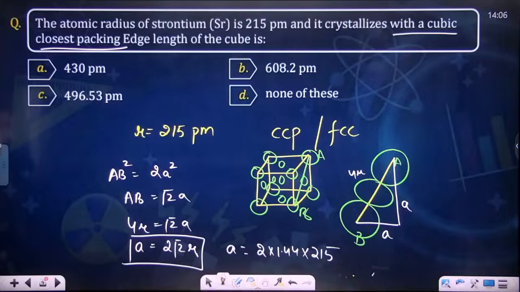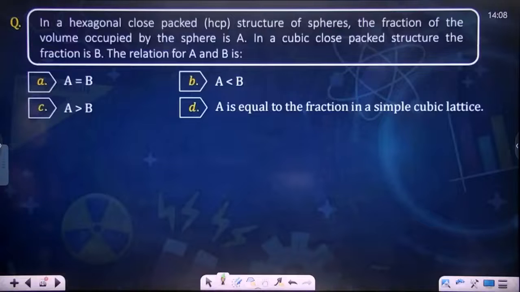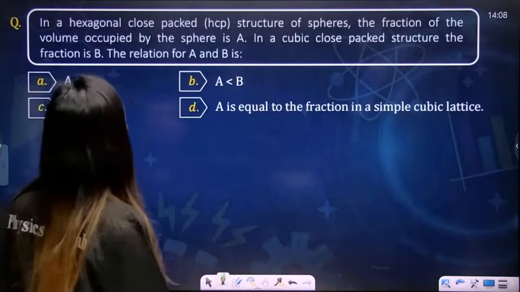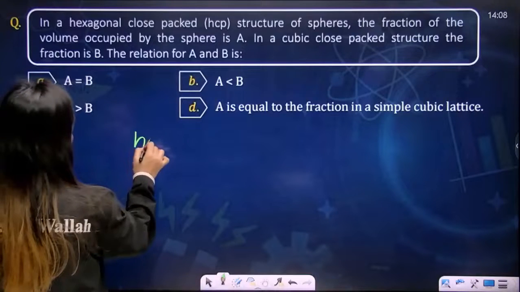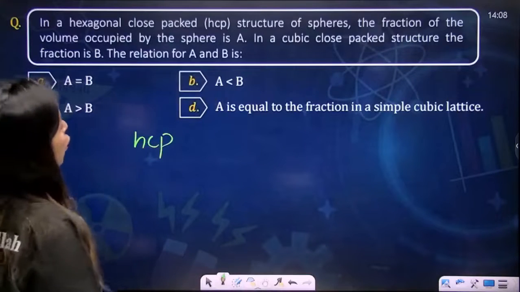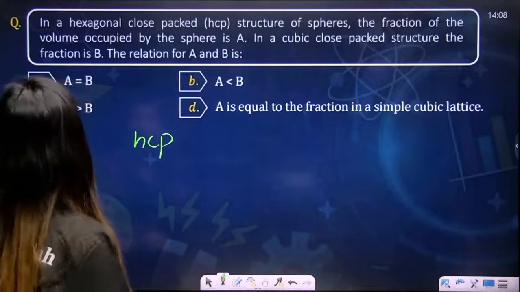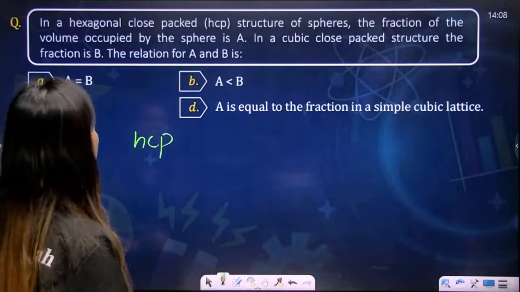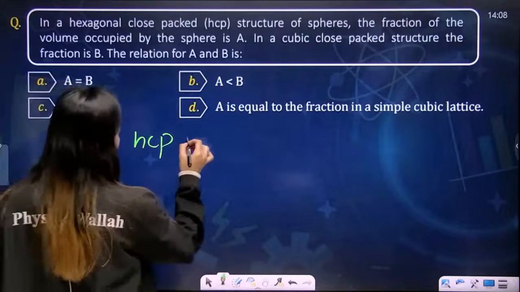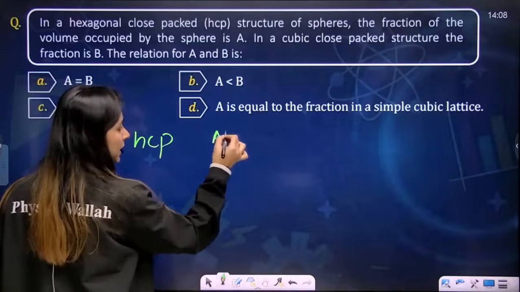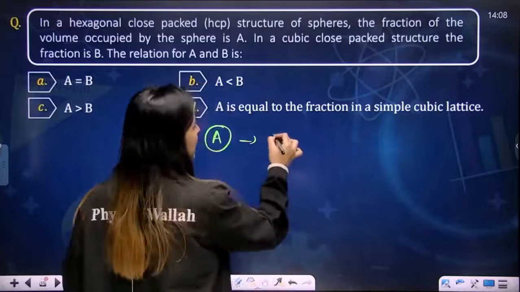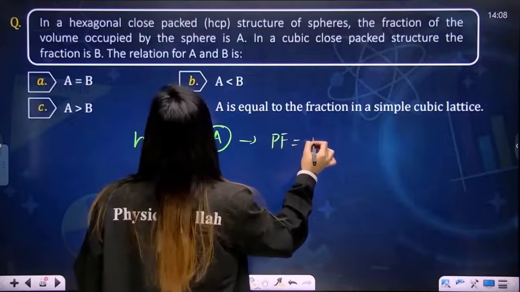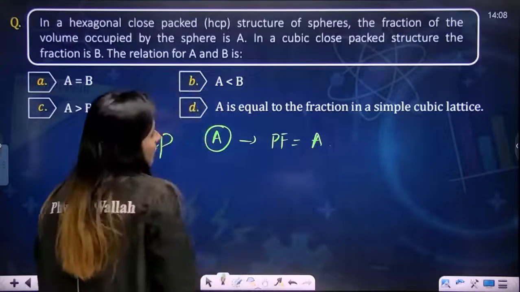Next question. It says that in a hexagonal close packed structure, that is you have a HCP structure, the fraction of volume occupied by the spheres is A. This means that the packing fraction is given to be, let's say, A. Perfect.